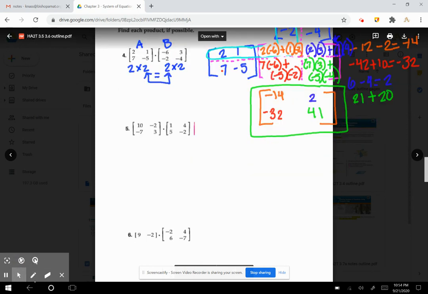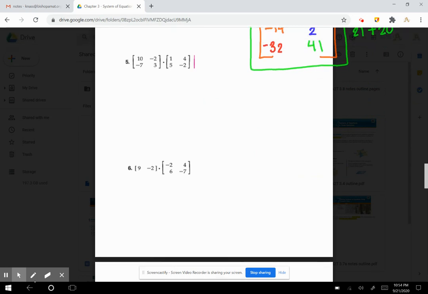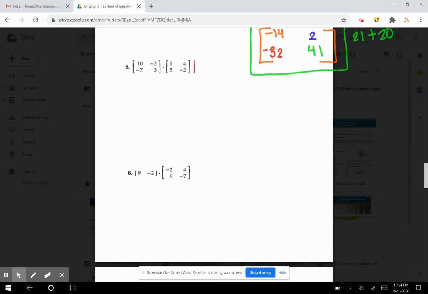Let's try the next problem. I'm going to try 5. Okay, so again, label it A and B. Just so I give myself some more room, I'm going to put A right here, 10, -7, -2, and 3.